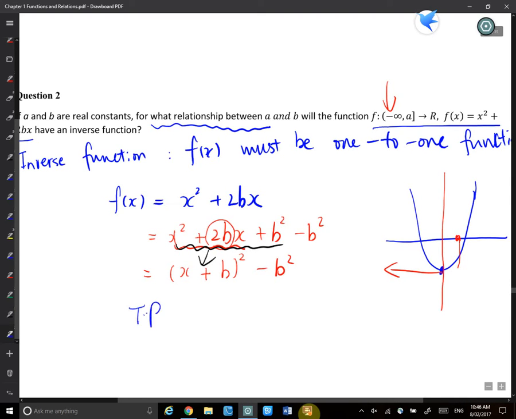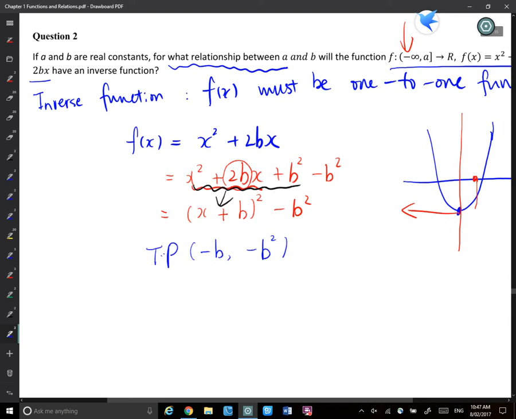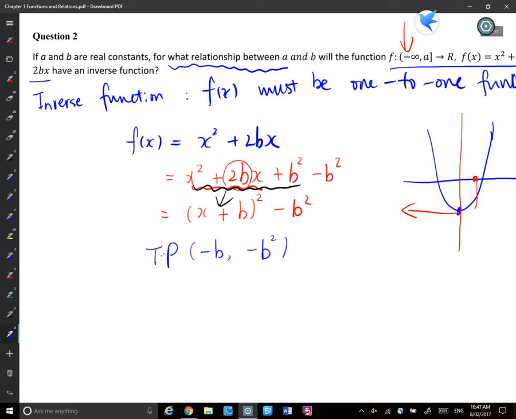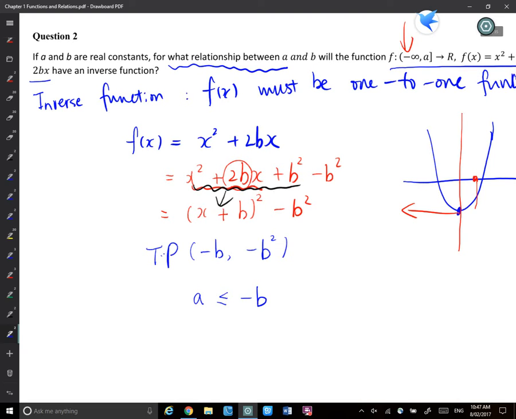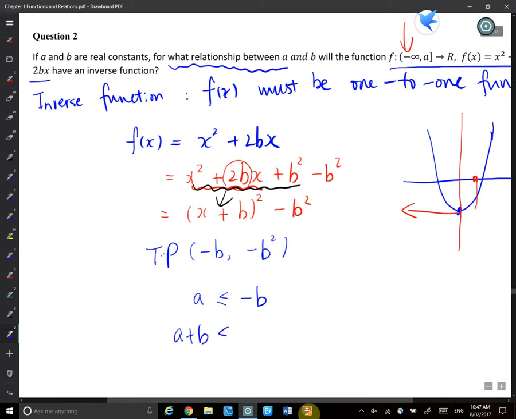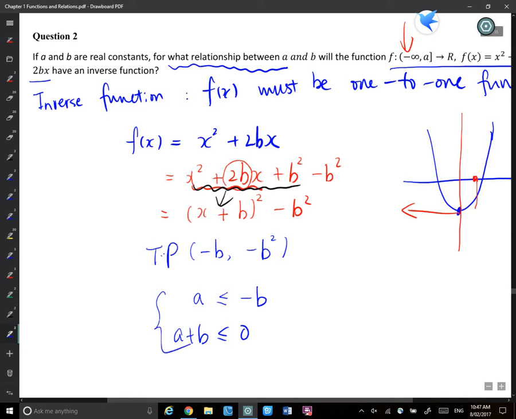So the turning point is (minus b, minus b squared). If that's the turning point, your a value must be smaller than or equal to the turning point, it cannot be greater. So a must be smaller than or equal to negative b. So the relationship between a and b is a plus b smaller than or equal to 0, or you can just say a is smaller than or equal to negative b. Both ways are correct.